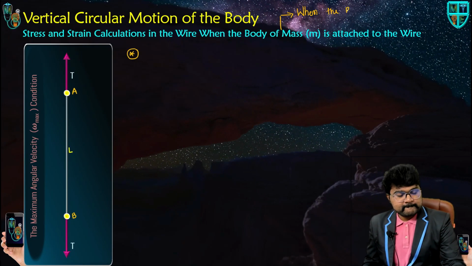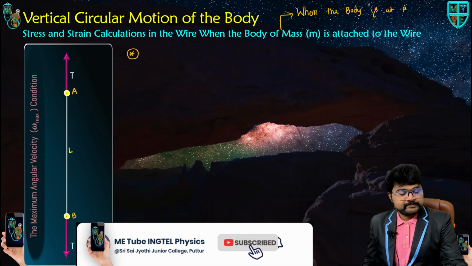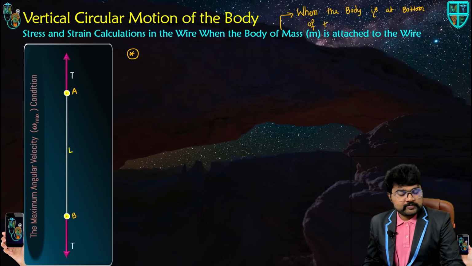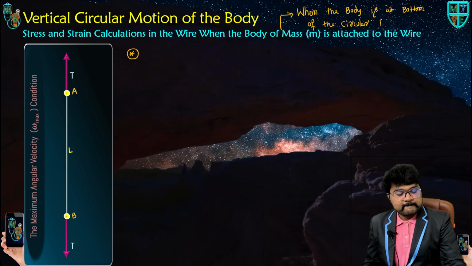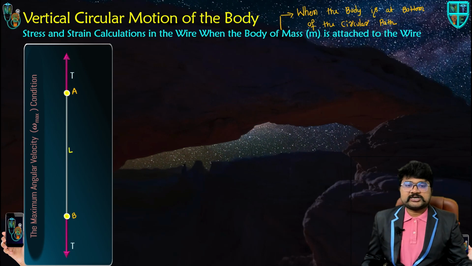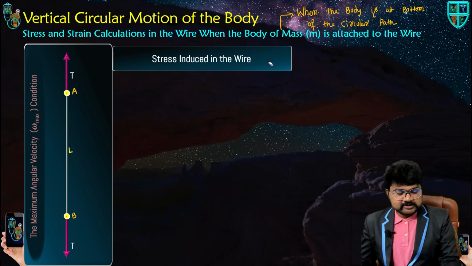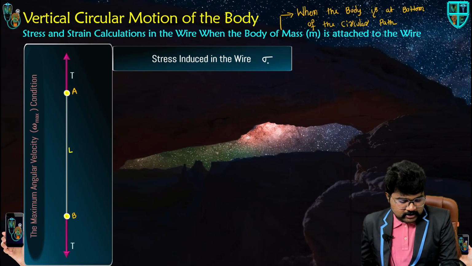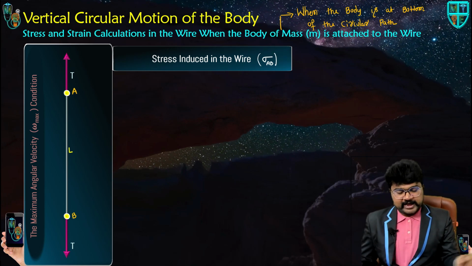When the body is at the bottom of the circular path, now we need to calculate the stress induced in the wire. Stress induced in the wire is nothing but sigma AB. What is the maximum stress induced in the wire?